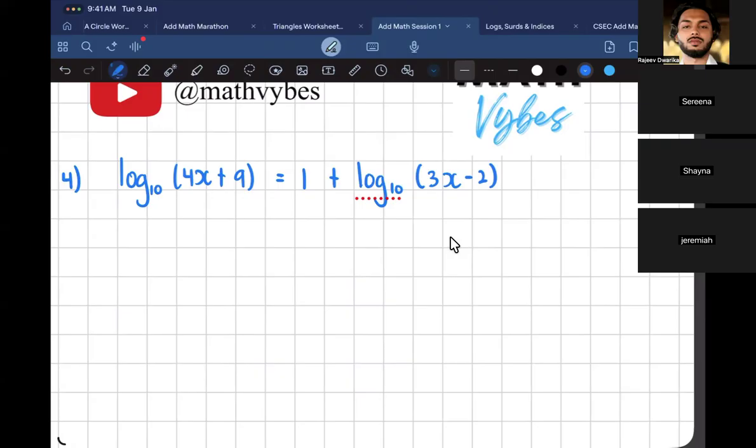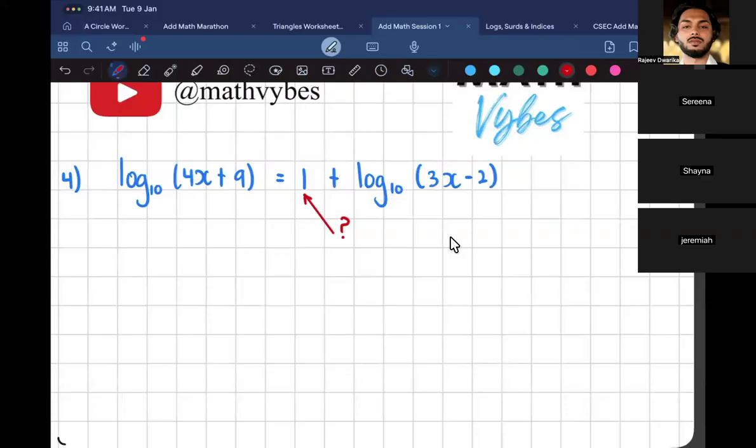Is everything the same base? Well, the one isn't. Yeah, the one isn't to the same base. This one is very suspicious.